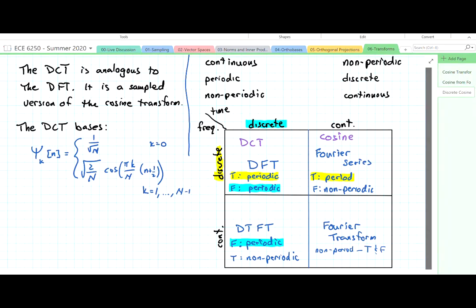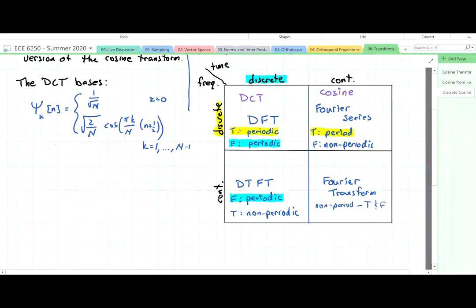So it's easy to see that these are orthonormal. So actually, let's just go ahead and see how easy that is to see. Because the transform, since we're now discrete, is going to be a sum.